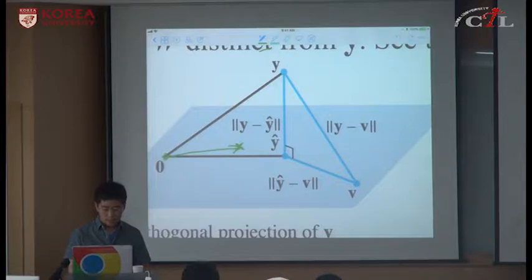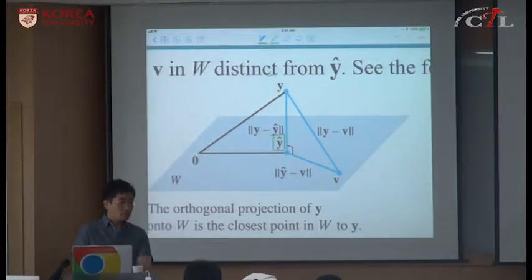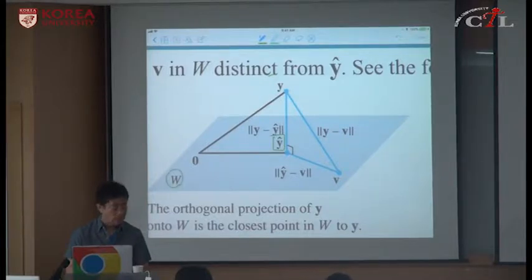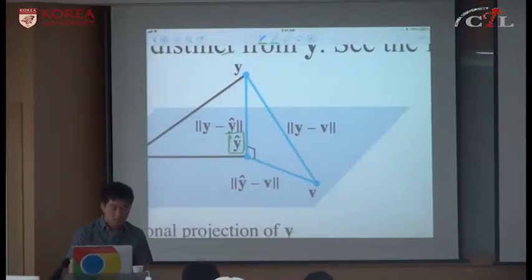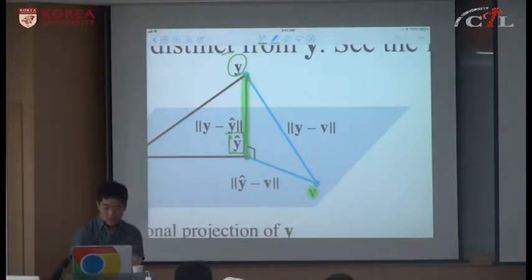The main point of the best approximation theorem is saying that your y hat, which is the orthogonal projection, is the best approximation when the subspace is W. In other words, if we decide on this y hat as our approximation of the original y, the distance of this part will be smallest among any other chosen vector, as another approximation belonging to subspace W.